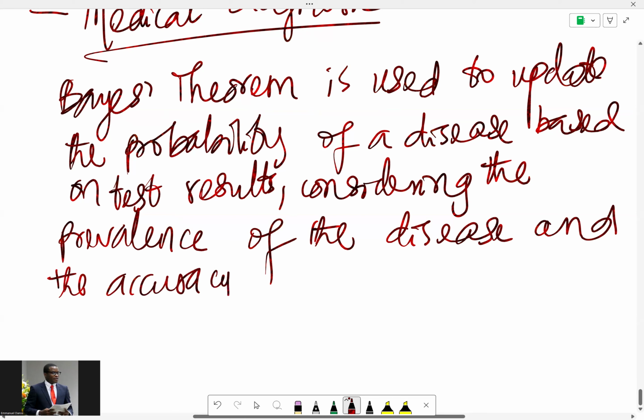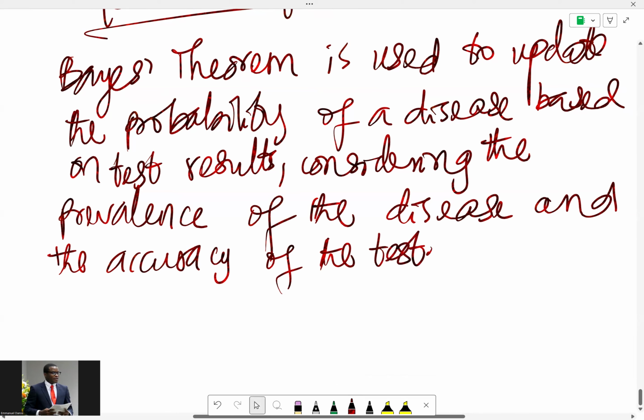This is exactly like the problem we just solved. We have Bayes working for that.